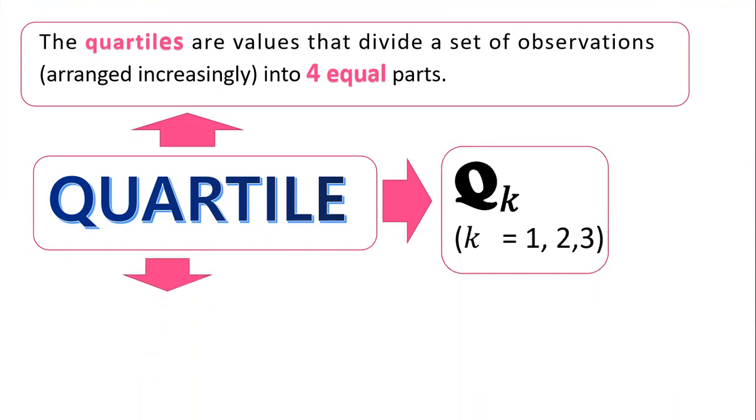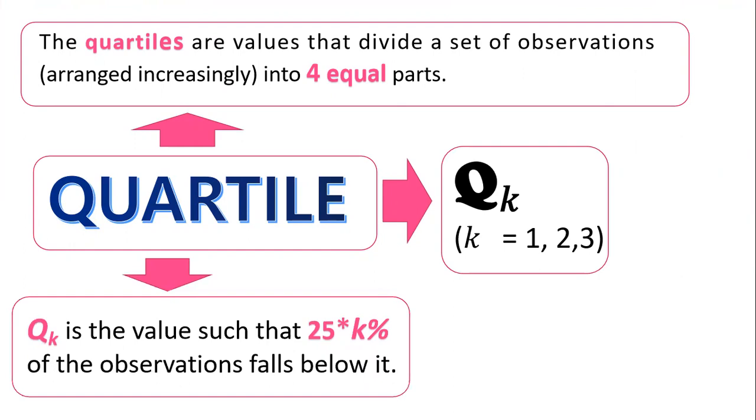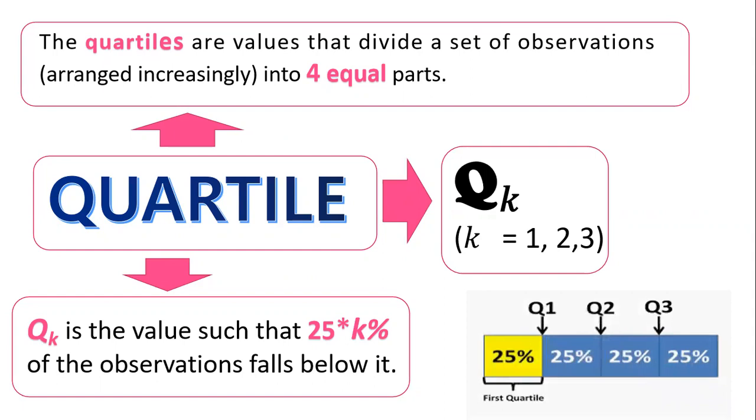The kth quartile is the value such that 25 times k% of the observations fall below it. So for percentile, k%; for decile, 10 times k%; and for quartile, we have 25 times k%.